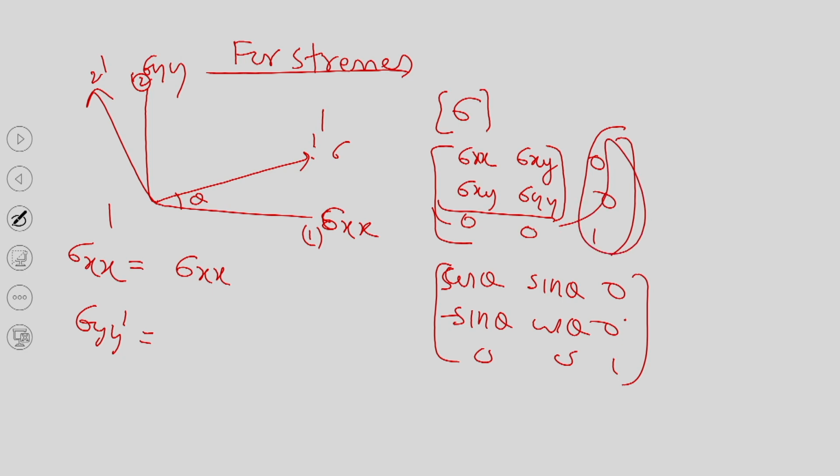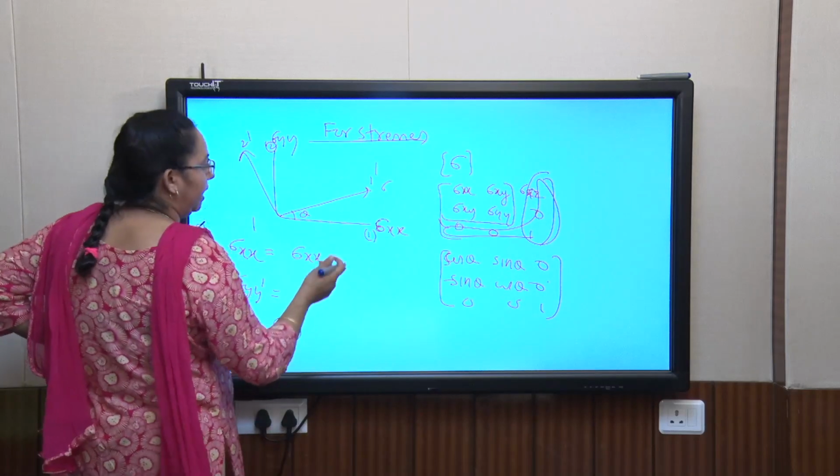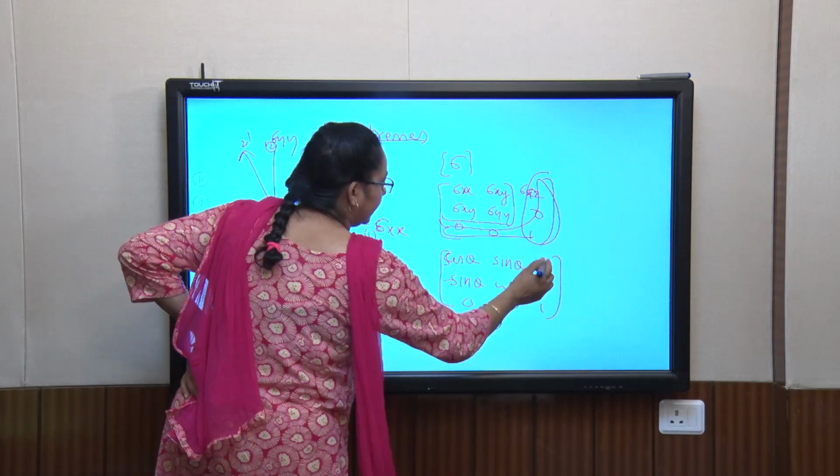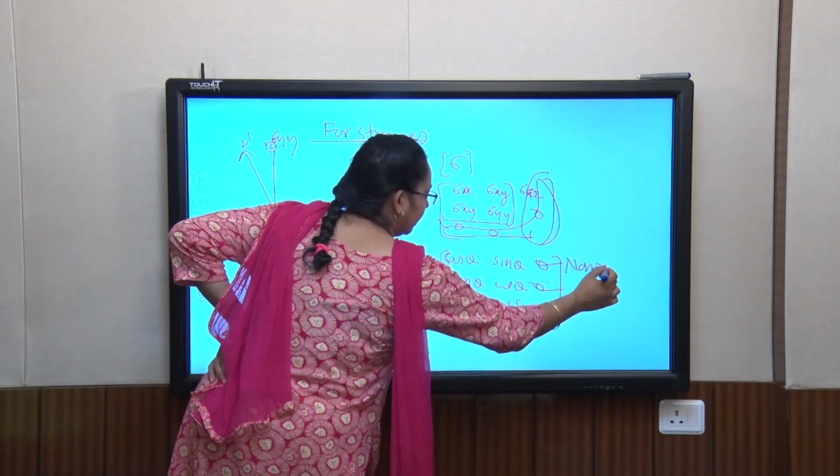Ultimately this is your matrix. You do not even require all these things. For our present case, we have chosen that along the z axis it is not rotating. If it is rotating about the z axis, these components will also become non-zero.